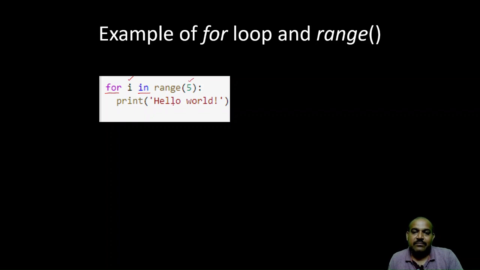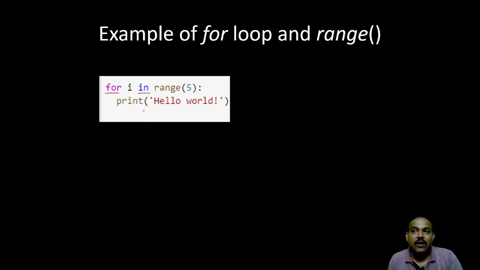I am giving a range value of 5, which means that by default it will take an initial value of 0. This is a difference between while loop and for loop. In a while loop, you have to initialize the variable before you use it, and inside the loop I used to say i equals i plus 1, which means the programmer has to update the value of i. In a for loop this is not required.